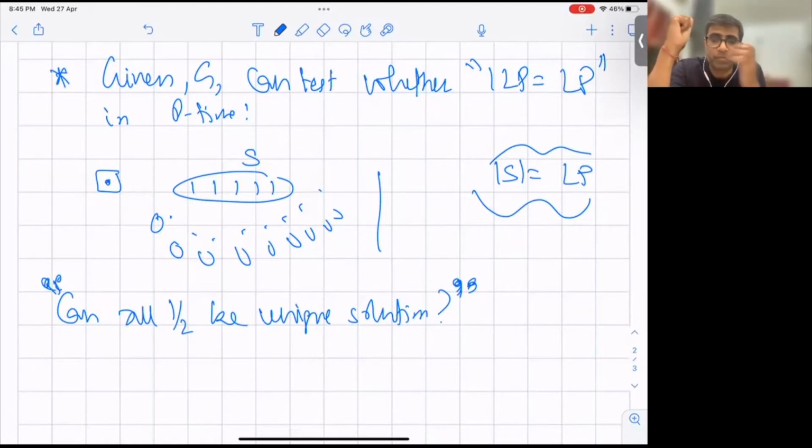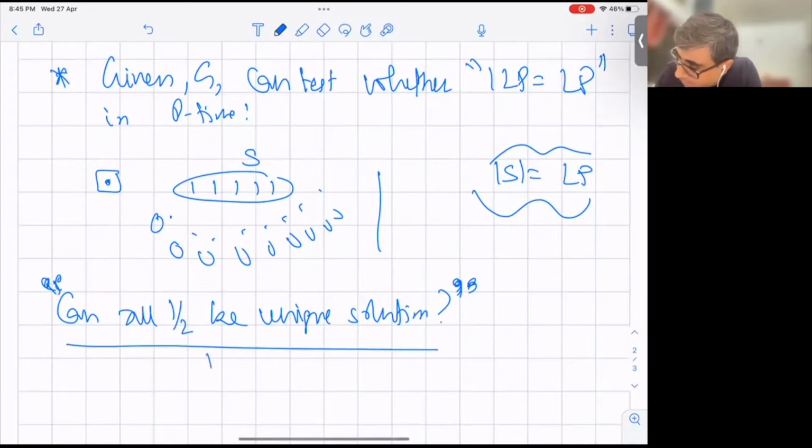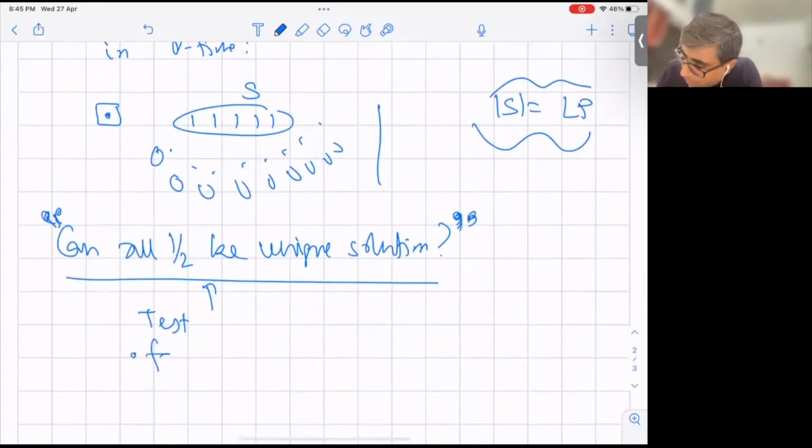Now we do have an LP solution which is literally integral. So definitely when we apply this test, it will fail. Am I right?